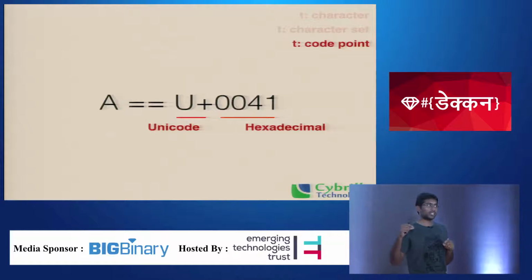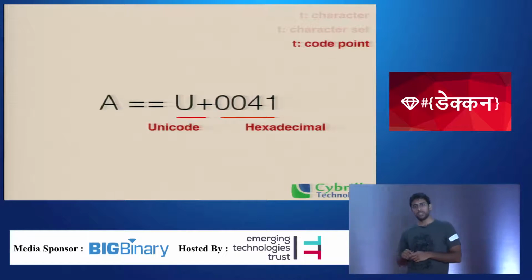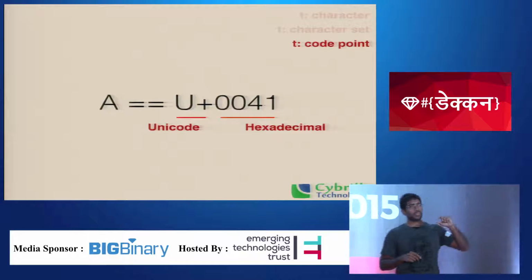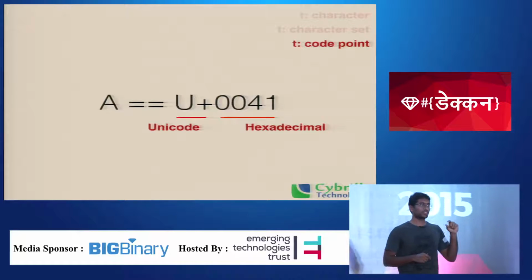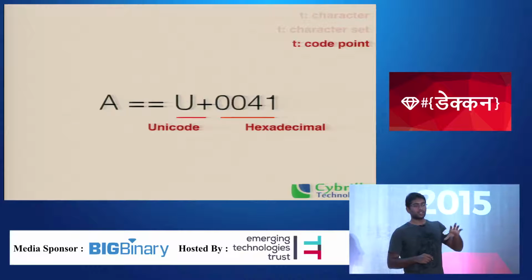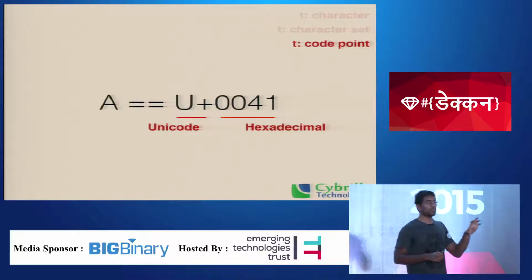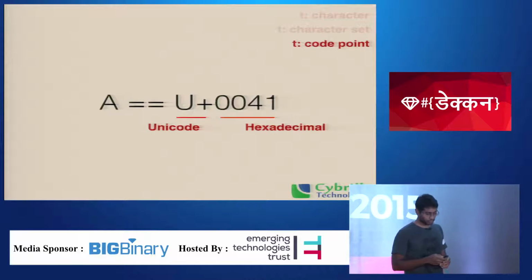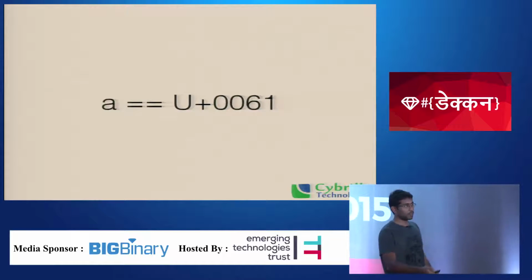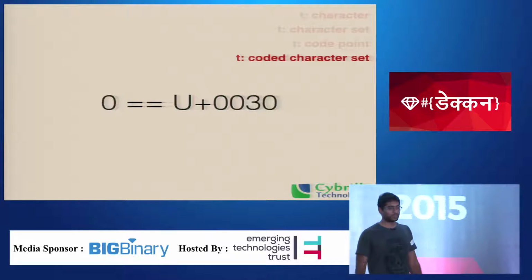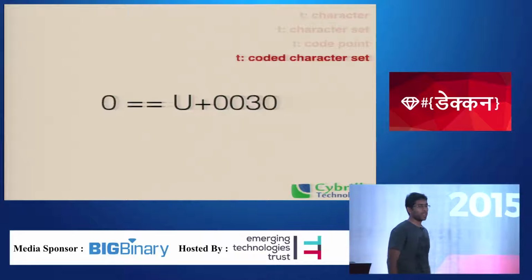Those unique integers are called code points. Code point is an interesting term which you will find across the internet, so it's good to understand. The value given by the Unicode consortium to each character is what a code point is. Similarly, small a has U+0061, and 0 has its own.